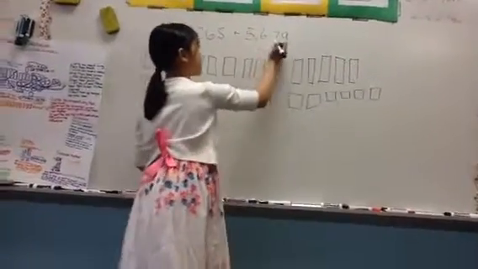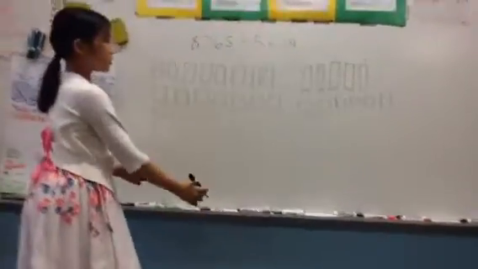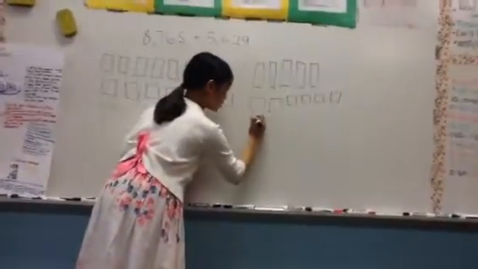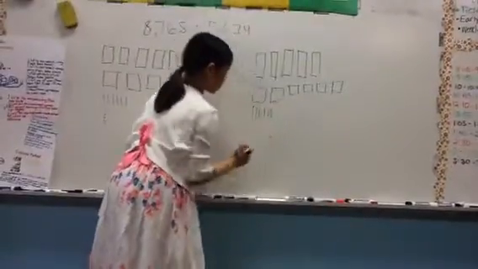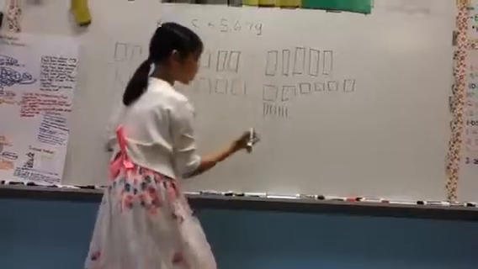The second to last digit is the seven's digit, which falls in the tens place. So we will draw that. Then we will do 9 ones.